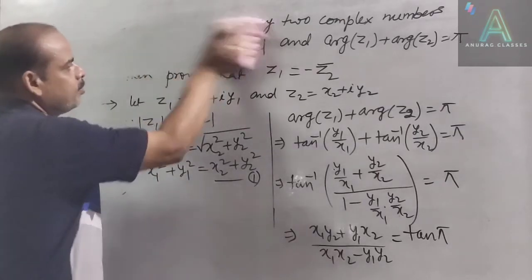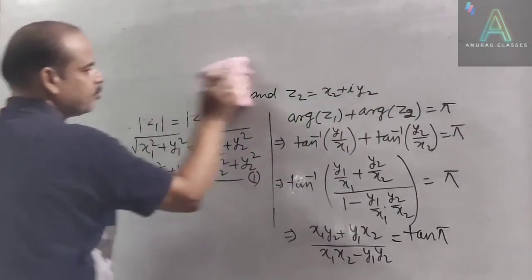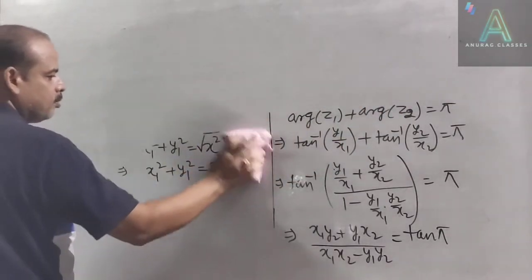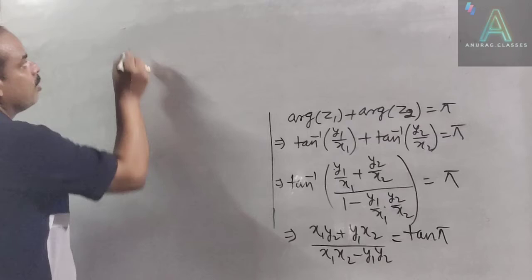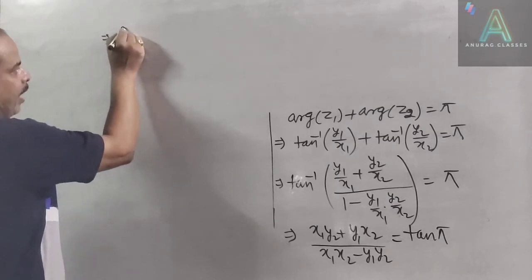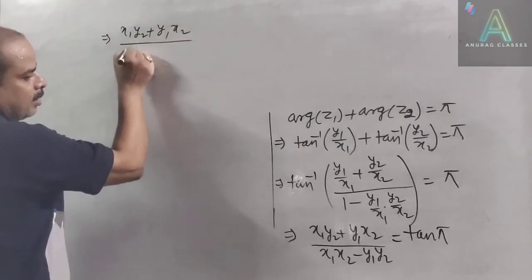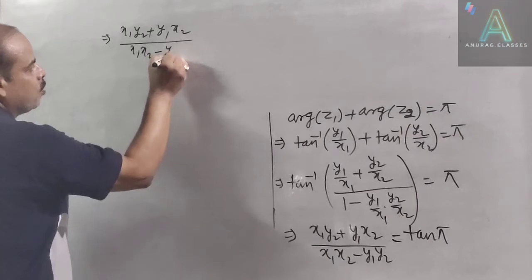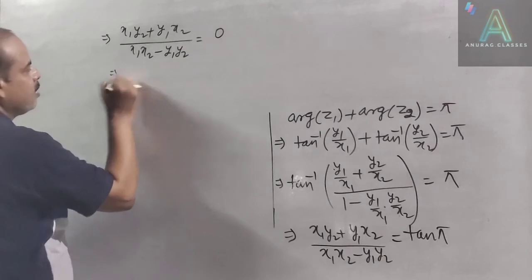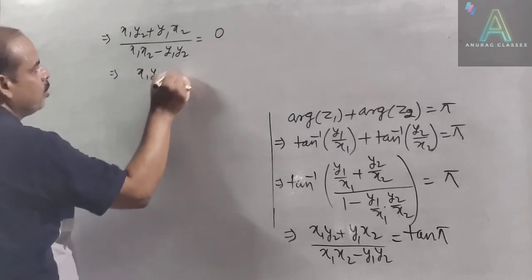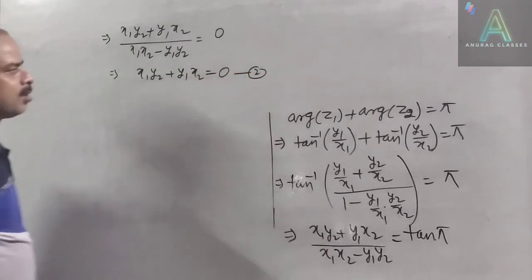I am erasing the question. This implies x1 y2 plus y1 x2 by x1 x2 minus y1 y2, and the value of tan pi is nothing but 0. It means x1 y2 plus y1 x2 is equal to 0. Call it relation number 2.